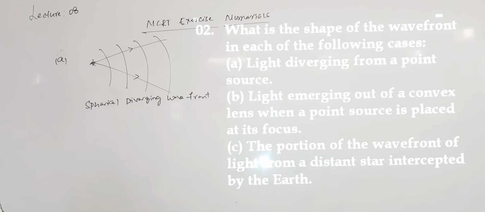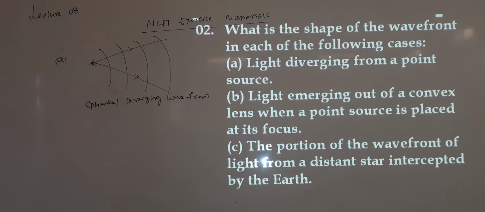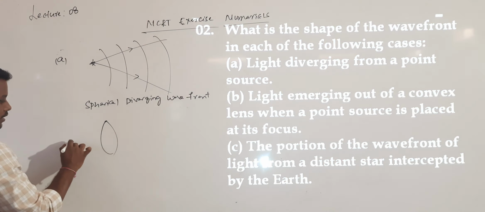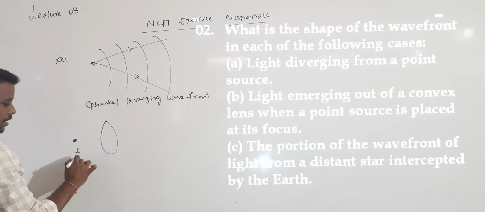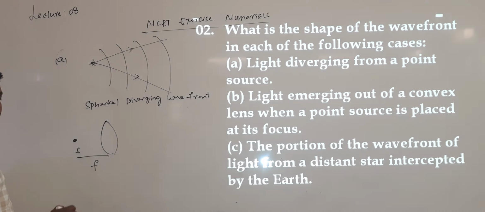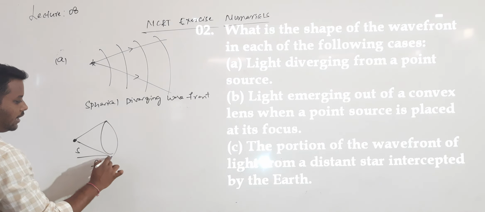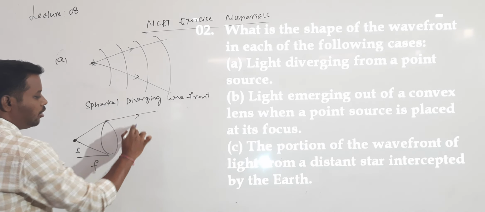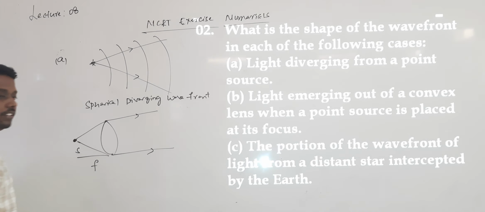The second case is light emerging out of a convex lens when a point source is placed at its focus. Now we consider a convex lens. Here the light is there, and this distance will be f. The light rays will be incident here. You know that in ray optics, the image will be formed at infinity.